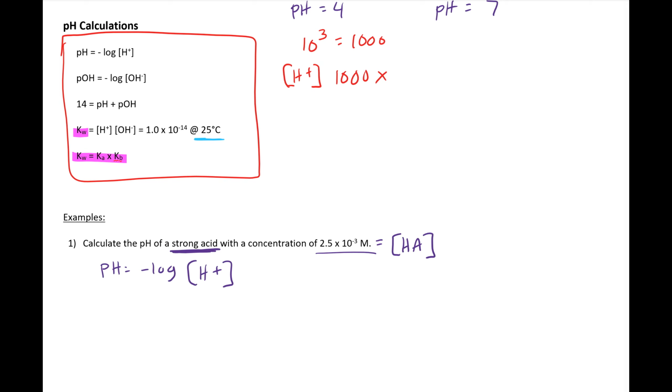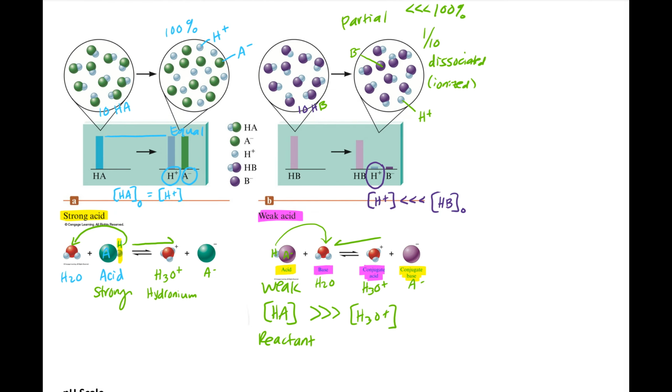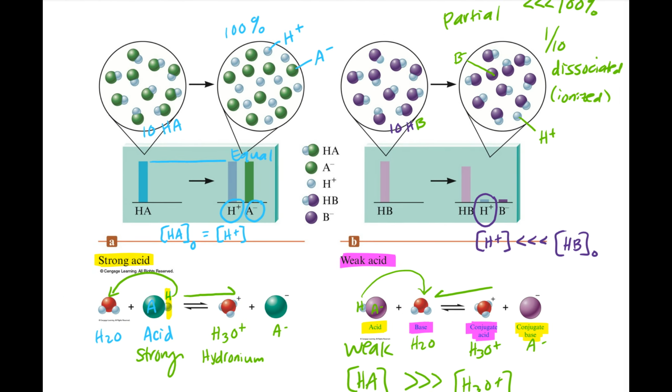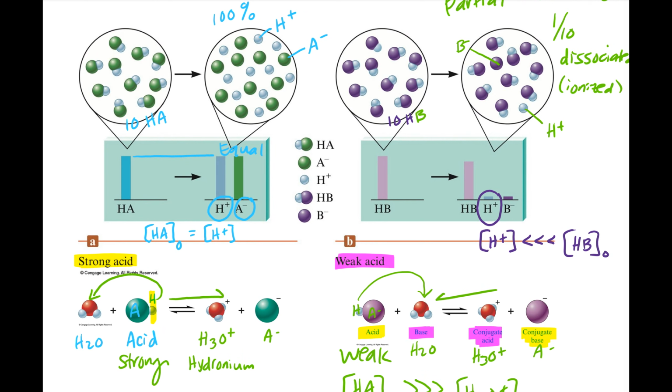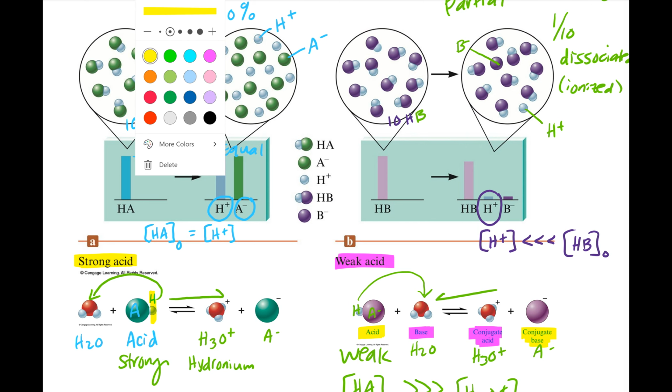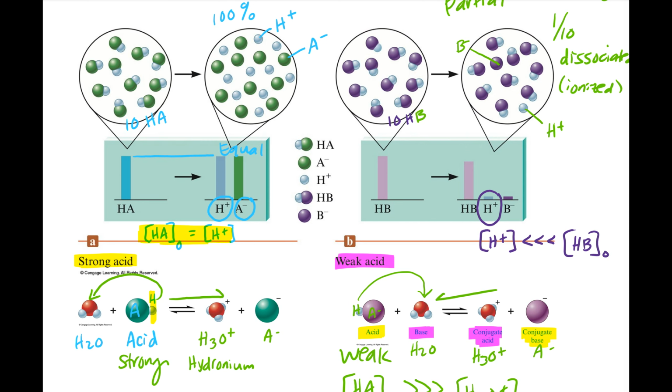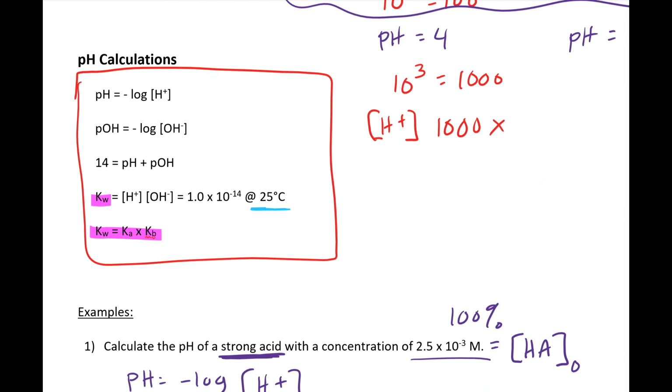But we know that a strong acid has 100% dissociation. So if this is the molarity of HA at the beginning, then 100% of it is going to turn into H positive and A negative. So remember, once we have dissociation completed, the concentration of H positive equals the concentration of the HA initially.